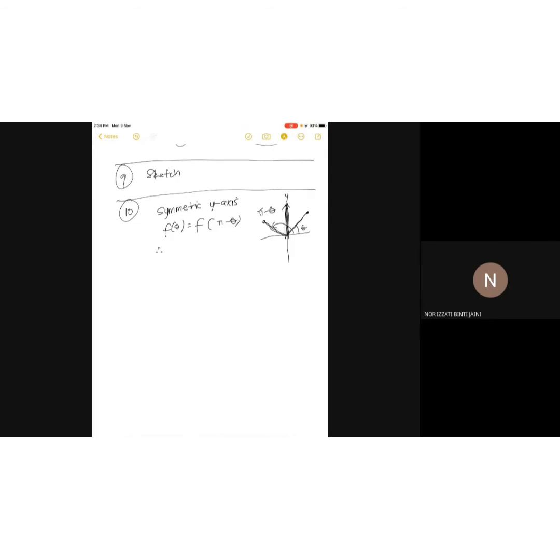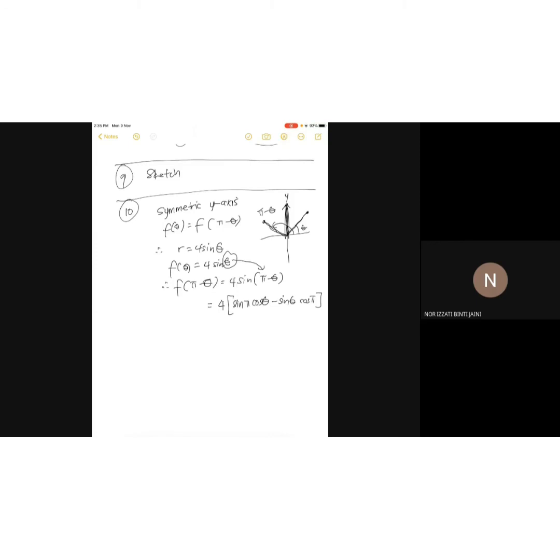Okay, f theta untuk 9e. 9e adalah r equals 4 sin theta. So ini adalah f theta kita. So kalau f pi minus theta, dia akan jadi 4 sin pi minus theta lah. Kita gantikan yang theta ni menjadi pi minus theta. Okay, so yang ini kena buka kurungan ni, you kena guna formula. Okay, so you akan dapat sin pi cos theta tolak sin theta cos pi.